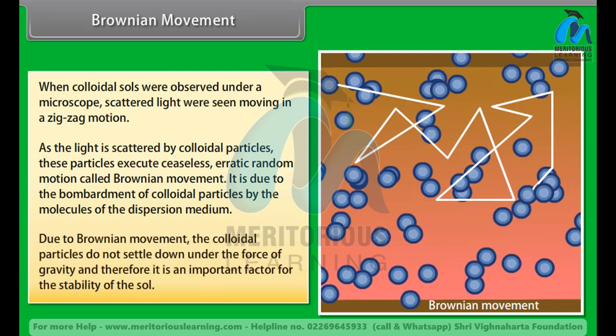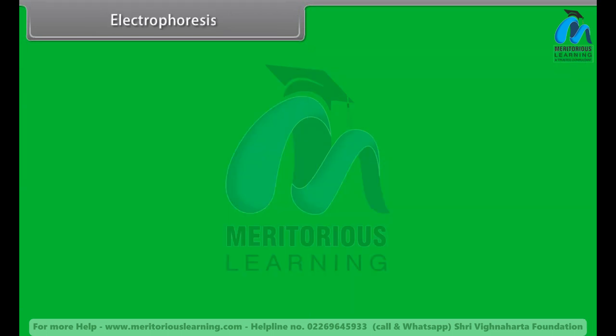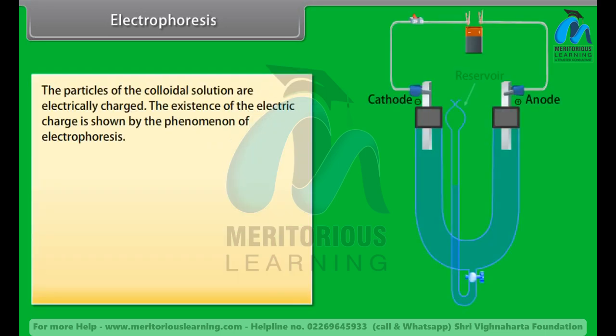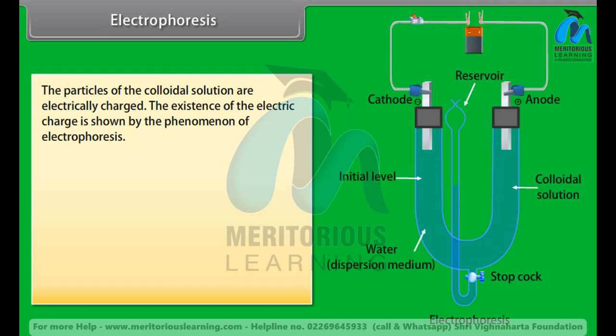Due to Brownian movement, the colloidal particles do not settle down under the force of gravity, and therefore, it is an important factor for the stability of the sol. Electrophoresis. The particles of the colloidal solution are electrically charged. The existence of the electric charge is shown by the phenomenon of electrophoresis.